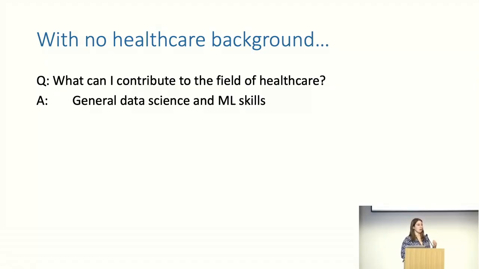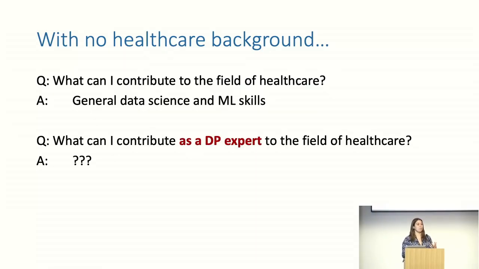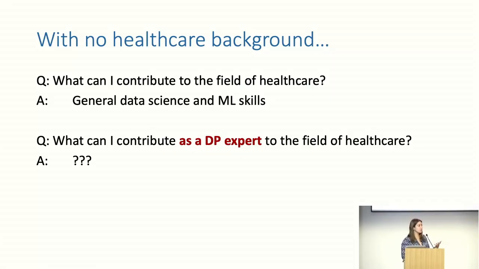But I think this is maybe not quite the right question to be asking. Instead, I think this is the right question: what can I contribute as a DP expert with the skill set I have, and presumably many of you in this room have? What can you do with that skill set in this area?